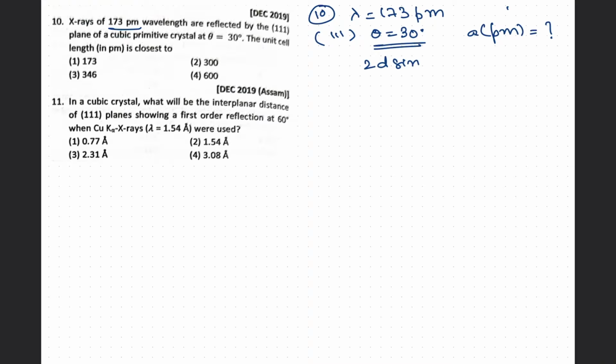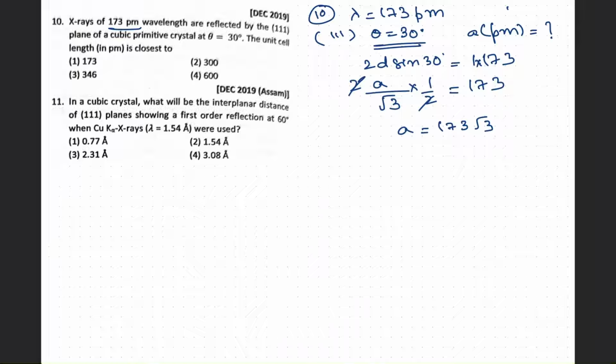Directly you have to employ Bragg's law. 2d, with d equal to A under root 3, sine theta is 1 by 2, and 173. The 2 cancel, so A is 173 root 3. So this will be the value.